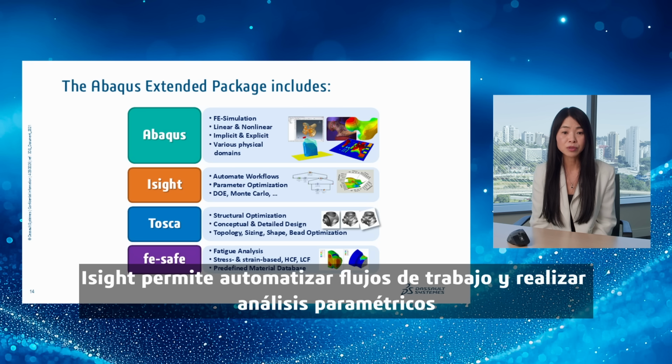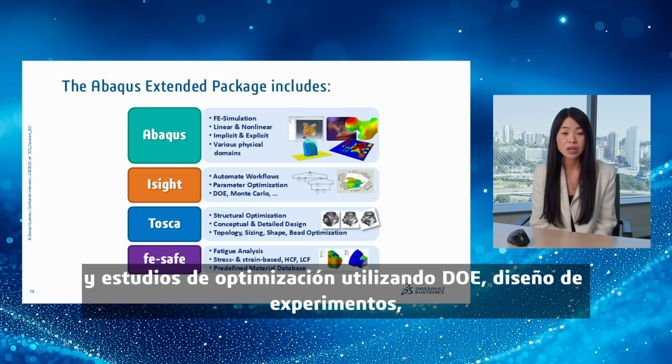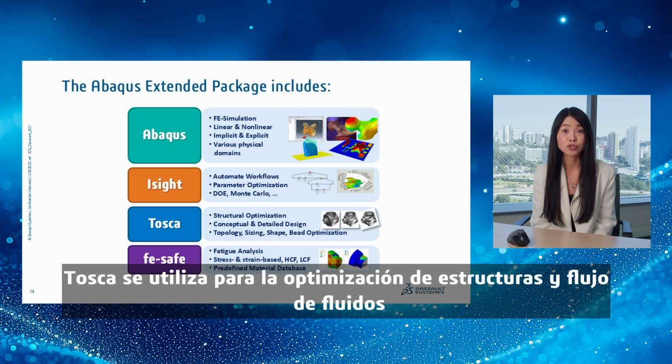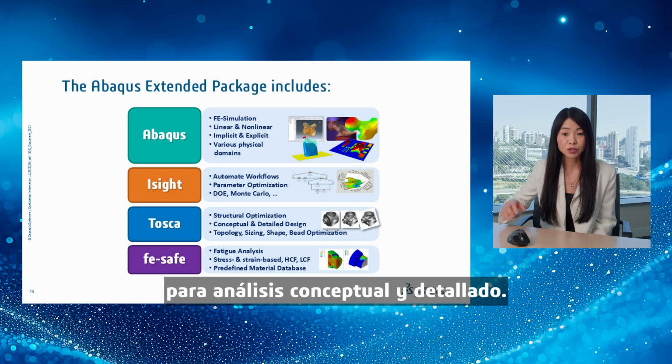Isight enables you to automate workflows, perform parametric and optimization studies using DOE (design of experiment), Monte Carlo, and more. Tosca is used for structure and fluid flow optimization for conceptual and detailed analysis.